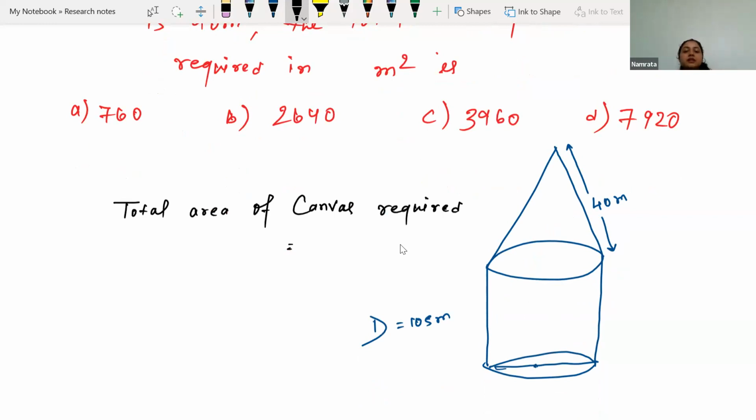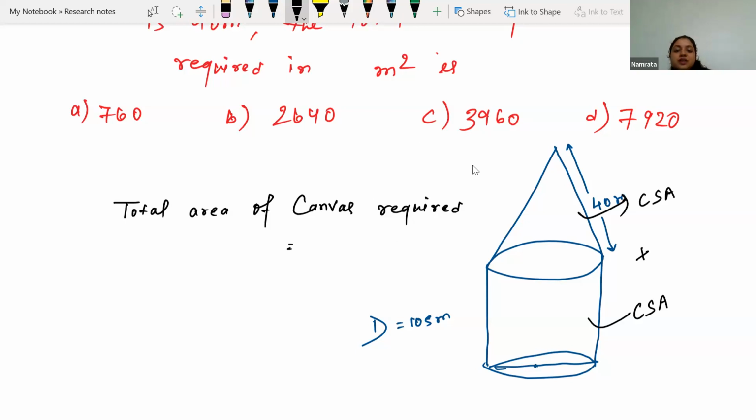Yeah, we will find the curved surface area of this one, and the curved surface area or lateral surface area of this one, and we will add both of them, right? What exactly is it asking? It is asking to find the total area of the canvas. So the area of the canvas means the surface area which you can see: the cylindrical surface area, and for the cone, the lateral surface area. Once we find both surface areas and add them together, we will get the total area of the canvas required.